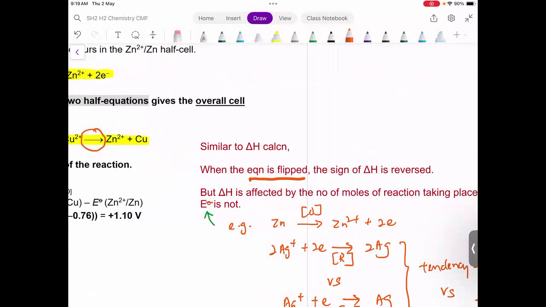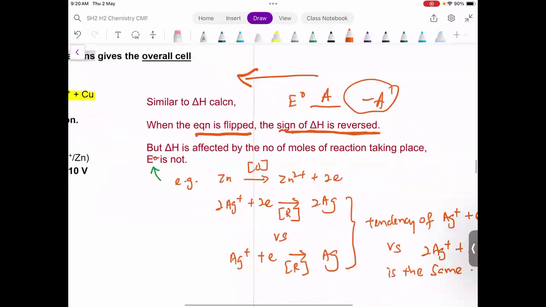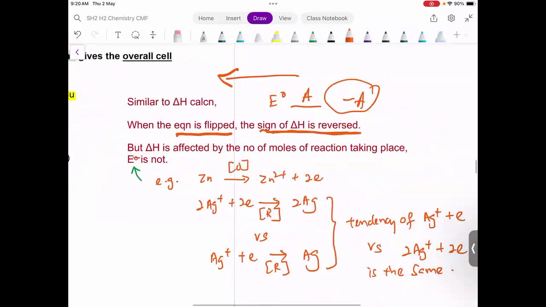This means that the sign of the value will also be reversed. So similarly, if my E naught value is A, then if I'm reversing the direction, it will become minus A. You need to put a negative sign in front. But please take note, enthalpy change is affected by the number of moles of reaction taking place. E naught is not.